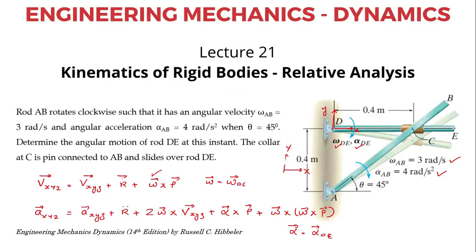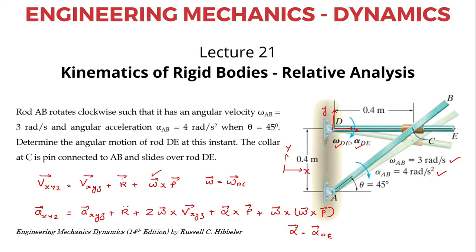In this figure you can see that this collar will be undergoing a pure rotation with respect to the point A. It will be sliding over rod DE, but it will undergo pure rotation with respect to point A here.